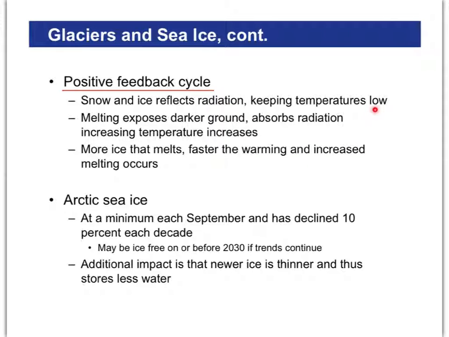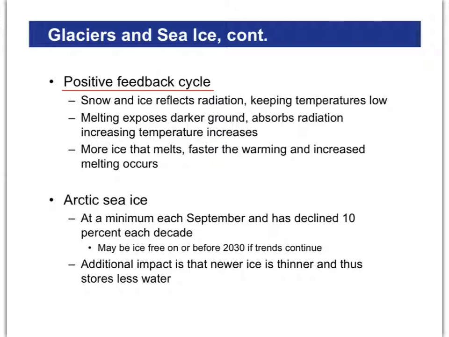But as global warming takes place and ice melts, darker ground is exposed. Darker ground doesn't reflect light as well. And so that darker ground absorbs energy from the sun, heating it up, which causes even more ice to melt. And so that causes more dark ground to be exposed and so on and so forth. So we call this a positive feedback cycle. Not positive because it's good, but positive because it keeps increasing. It just accelerates itself. It's like a self-perpetuating cycle.